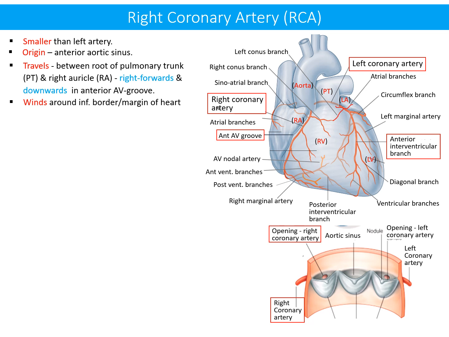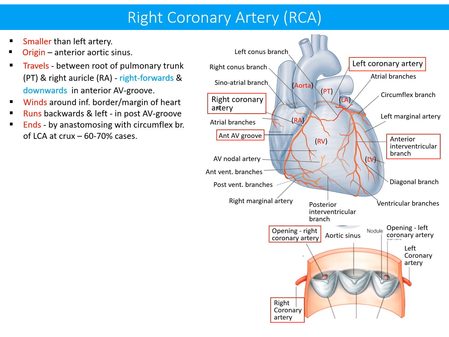It winds around the inferior margin of the heart and runs backward and leftward in the posterior atrioventricular groove. It ends by anastomosing with the circumflex branch of the left coronary artery at the apex of the heart in 60 to 70% of the cases.